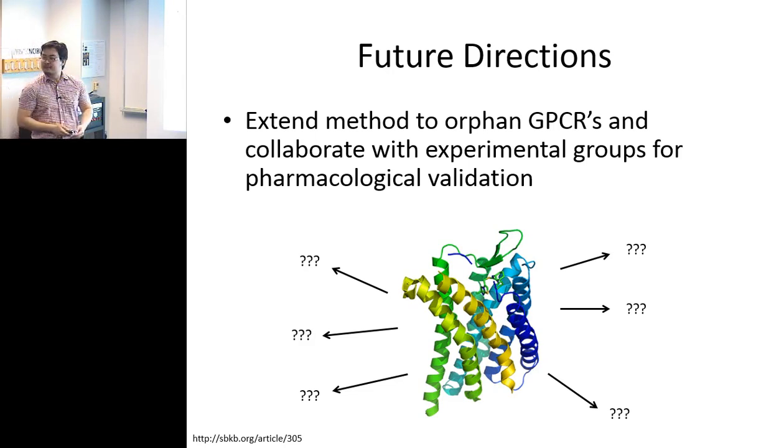So do any of the orphan GPCRs map close enough to any of these things that you can start making predictions? Yeah, there are some that I've checked already. So far, because my cutoff for my e-values is pretty stringent right now, it's kind of limited in scope. So I'm trying to tune my e-value to be a little more flexible.